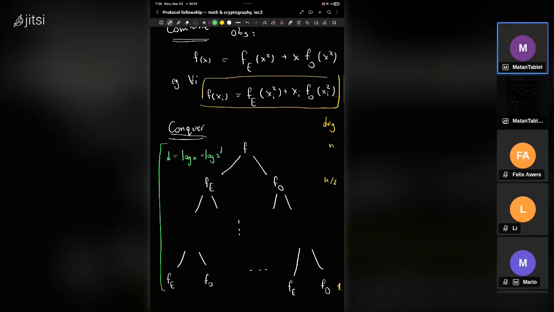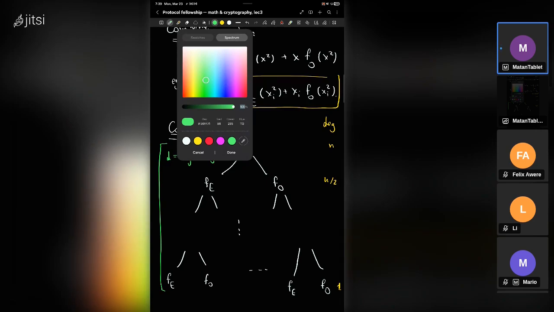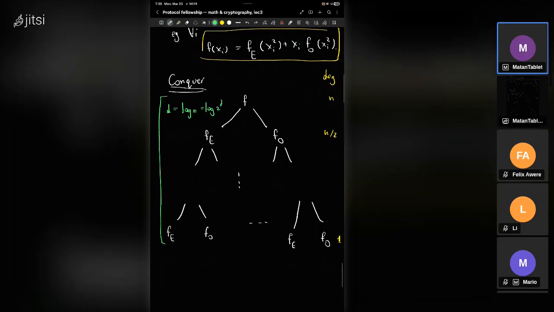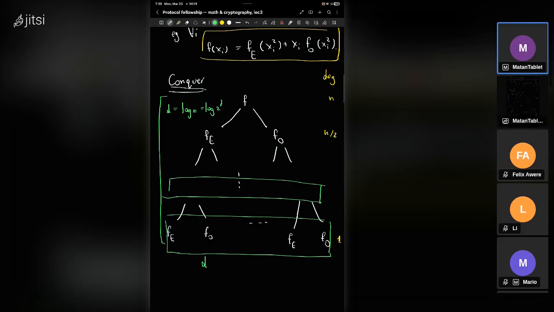Now, what happens at the last stage? This is step number d; above it is step number d minus 1.